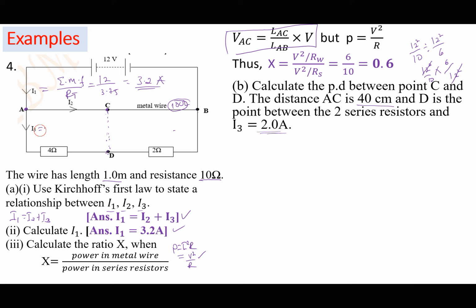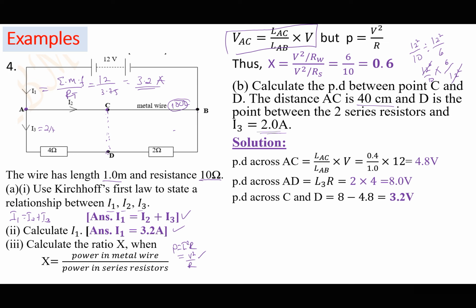So if this is 2 amperes, then the PD across AD is going to be 2 times 4 from Ohm's law. That gives us the PD across 4 ohms. So the difference between those two PDs must be the PD across CD. What I'm saying is very simple: the PD across SC is going to be the length SC over the total length of the wire times the voltage, or the PD across AB.